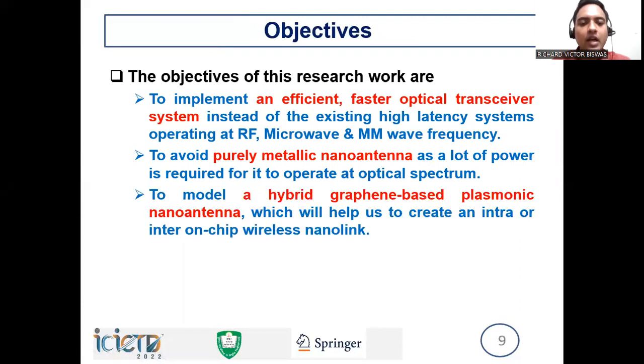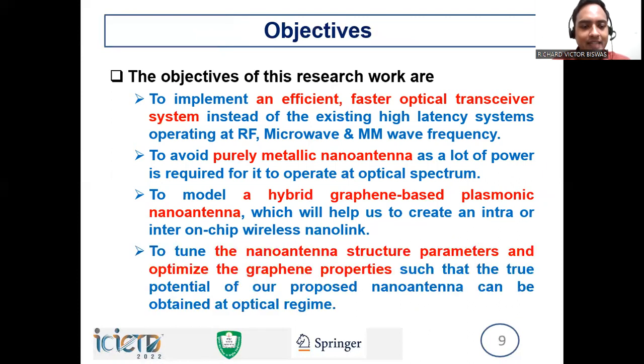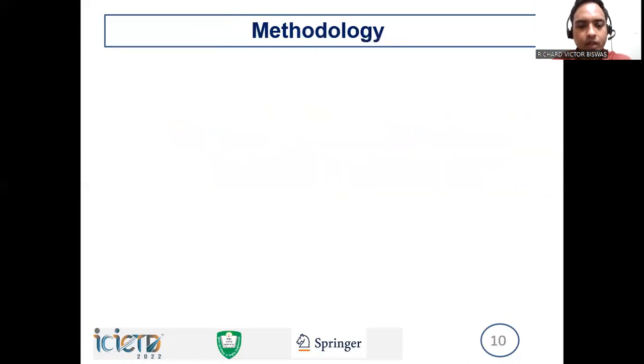Then to model a hybrid graphene-based plasmonic nanoantenna, which will help us to create an intra or inter on-chip wireless nanolink. Lastly, to tune the nanoantenna structure parameters and to optimize the graphene properties such that the true potential of our proposed nanoantenna can be realized at the optical regime.